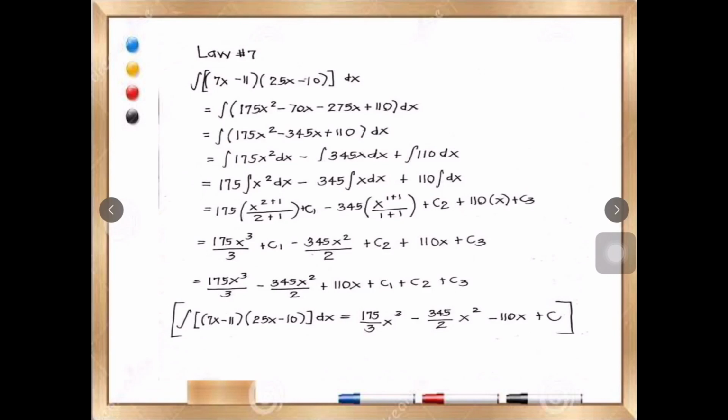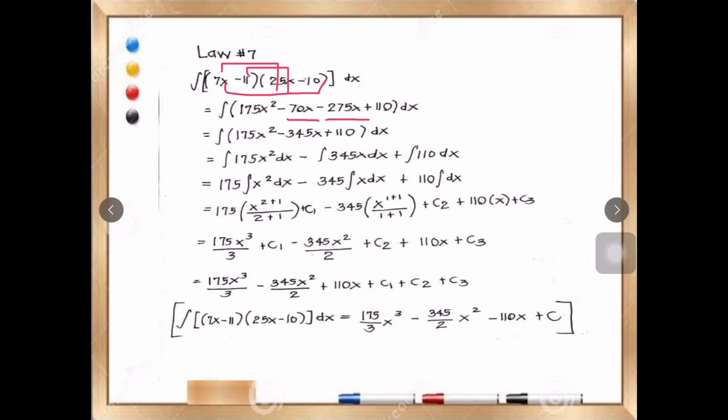Last, our law number 7, subtraction. We will use again the FOIL method. First, 7 times 25 is 175 x squared. Outer, 7 times negative 10, negative 70x. Inner, 25x times negative 11, negative 275x.